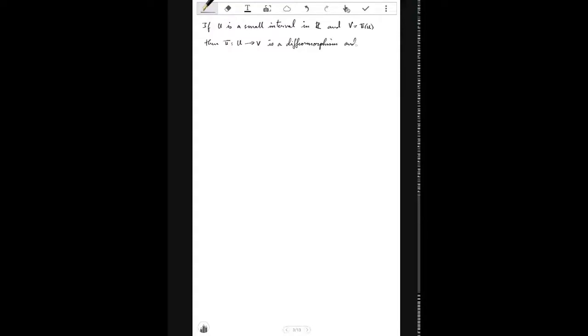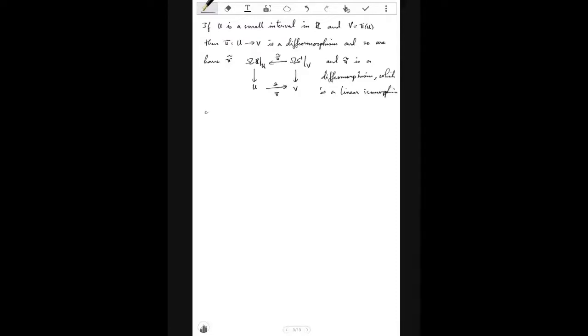And so we have pi tilde from omega R restricted to U to omega S1 restricted to V. This pi is a diffeomorphism, and pi tilde is a diffeomorphism which is a linear isomorphism on the fibers.